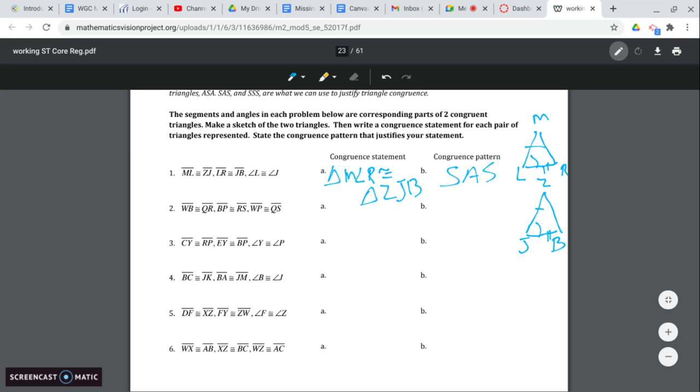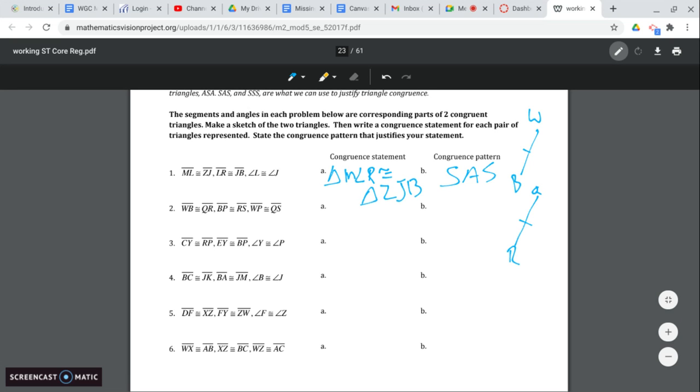All right, the second one that we're looking at here, number 2. So I'm going to erase this drawing, so that way we have space for the other one. Okay, so we've got side WB is congruent to side QR.